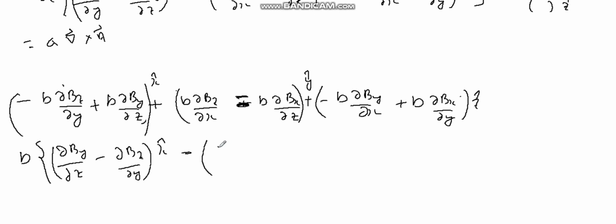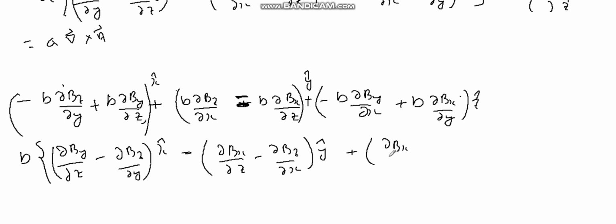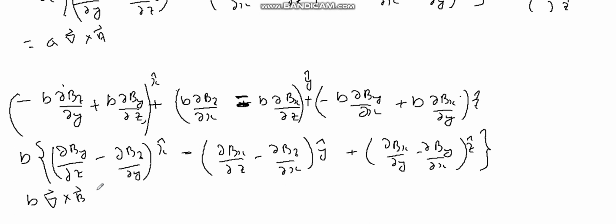Okay, so del bx by del z minus del bz by del x, y cap, and then we have del bx by del y minus del by by del x, then this is z. Okay, and finally this b is going to be b times del cross b vector.